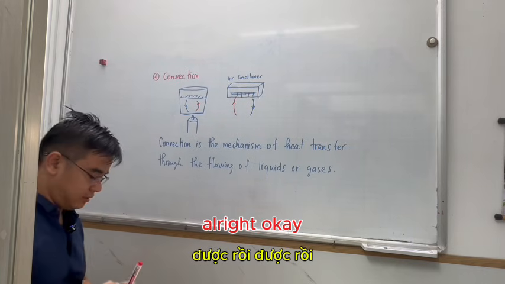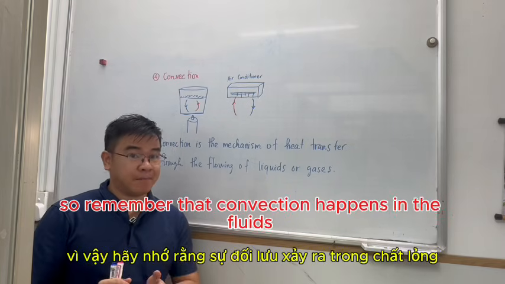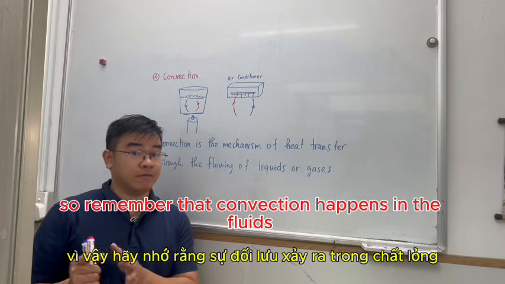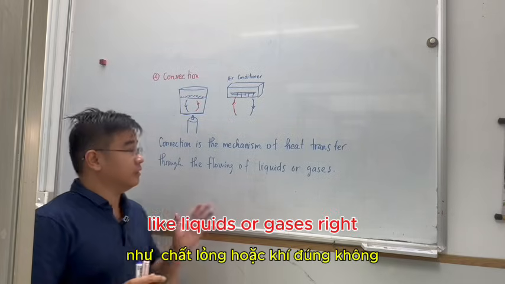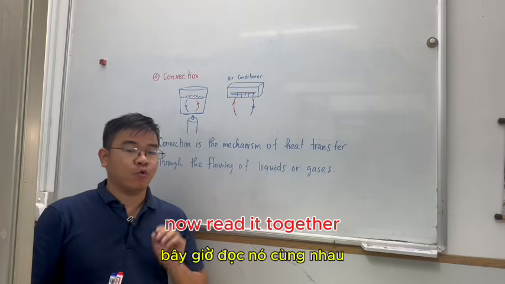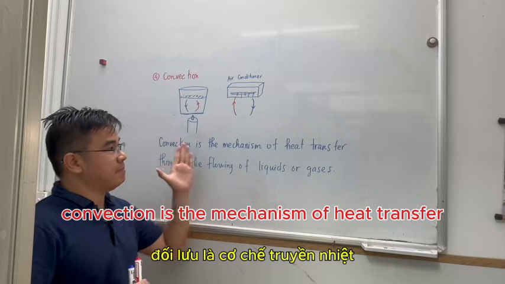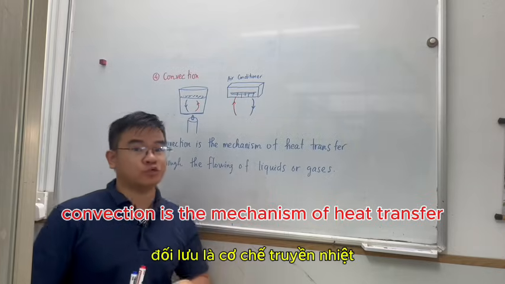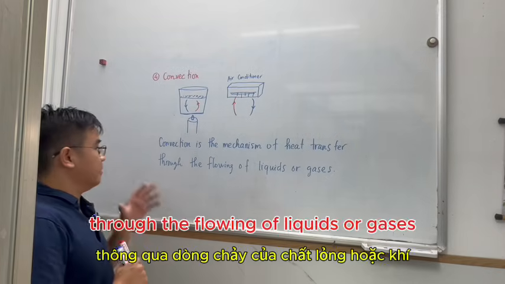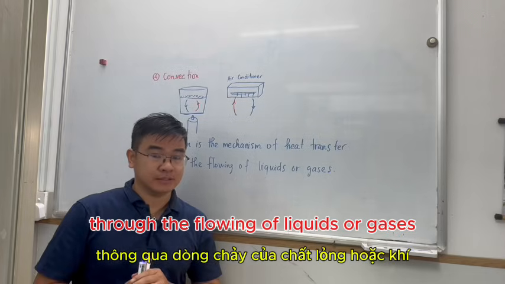Right? Okay. So remember that convection happens in fluids like liquids or gases, right? Now read it together. Convection is the mechanism of heat transfer through the flowing of liquids or gases.